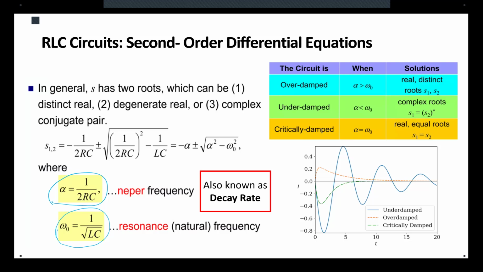You run your derivation and you would find that. So you have the decay rate and you have the natural frequency. For the function we saw, to find the frequency of oscillation, you have to find the zeros of that function.